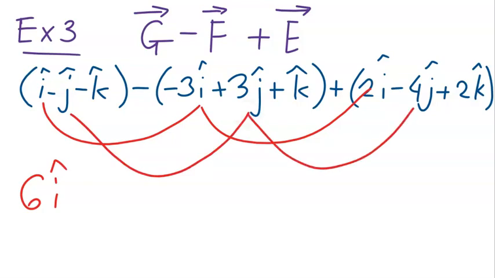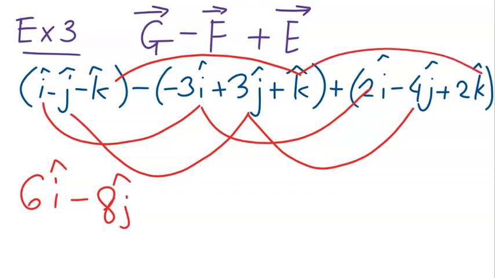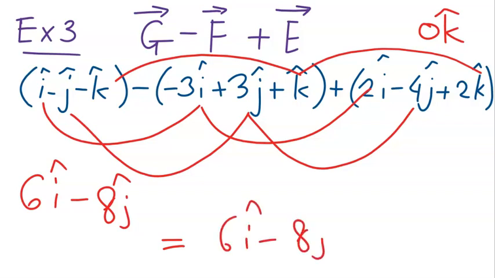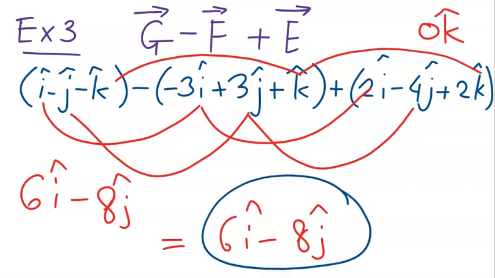Minus 4j hat minus 4j hat is minus 8j hat. Minus 2k hat plus 2k hat, that is 0k hat. Meaning the answer is 6i hat minus 8j hat. So you don't have to write the 0k hat.